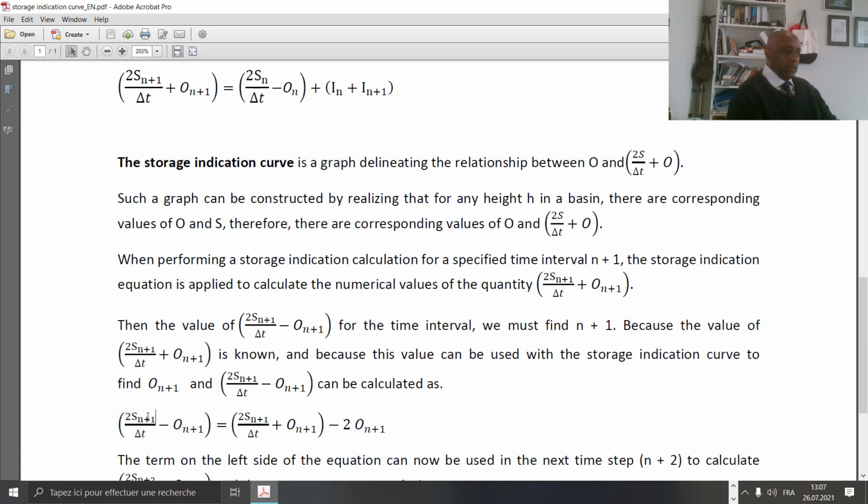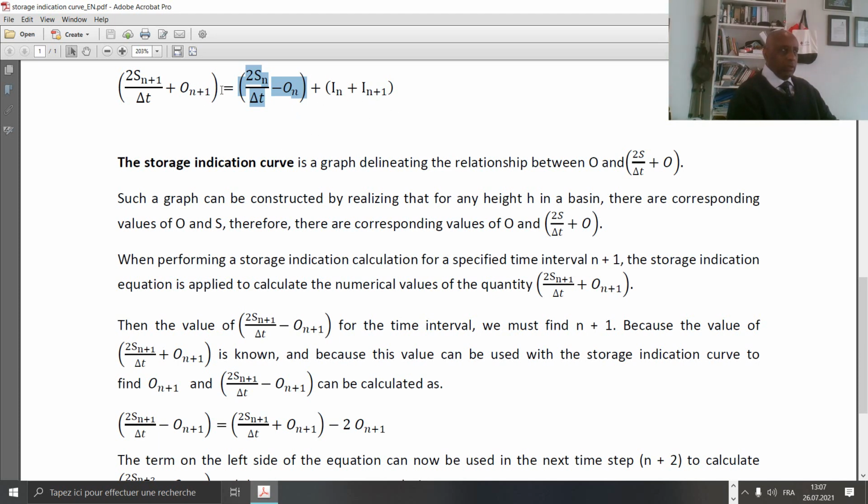This is a term used for the next equation, the next value. The next value will be calculated easily because we can replace this one into this, and the n plus 1 plus n plus 2 is also known.